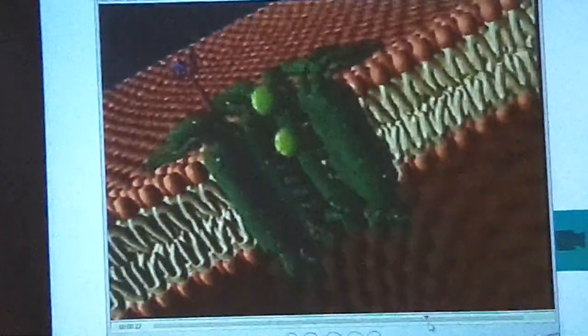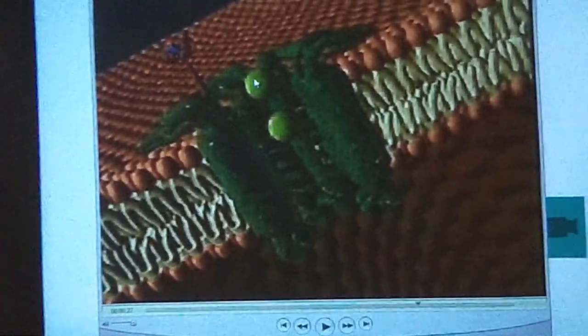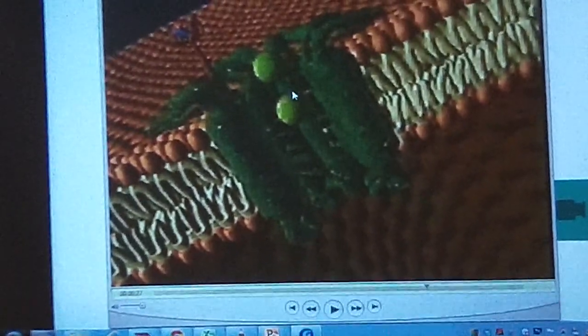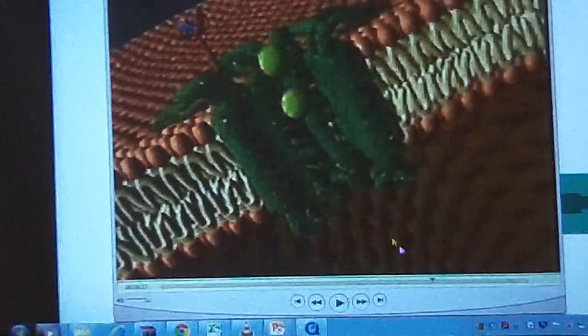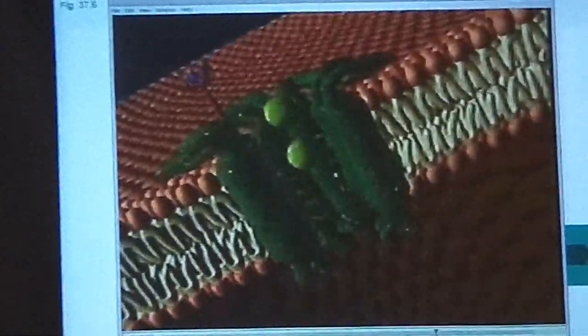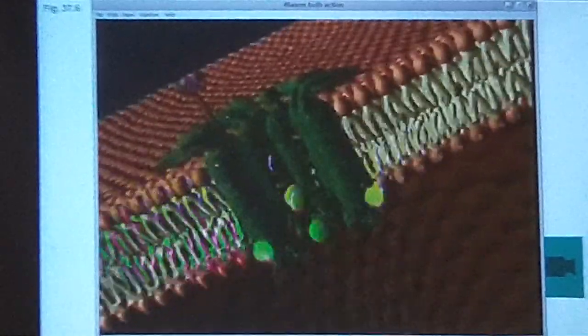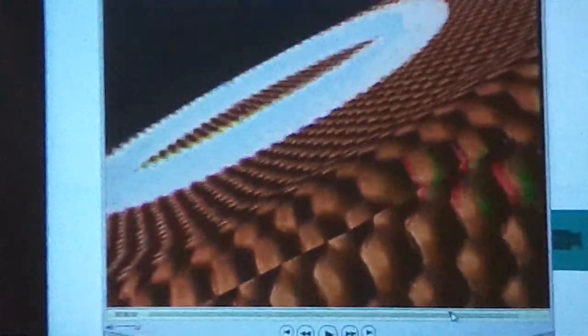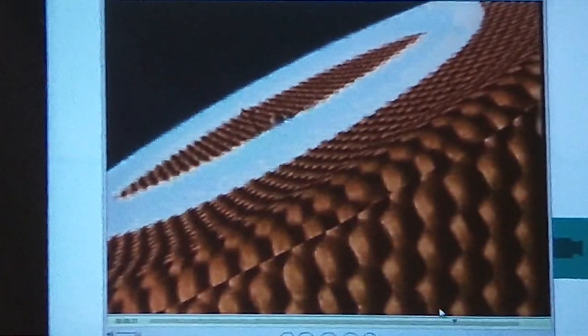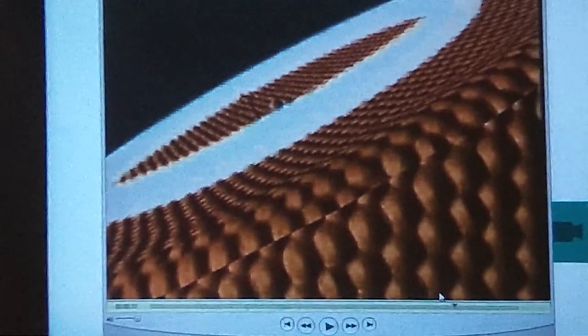That protein opens up, and guess what's coming in right here? Guess what those two green balls represent? Not neurotransmitters, that's the neurotransmitter. It's some ions that we just talked about. Sodium goes in, potassium goes out, and a new signal gets started on the next neuron.